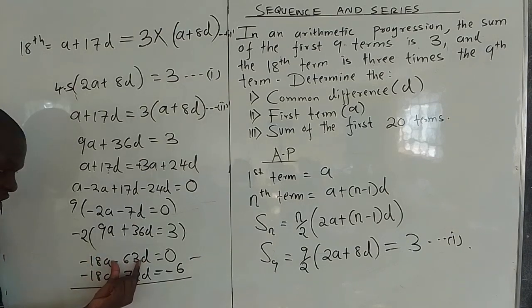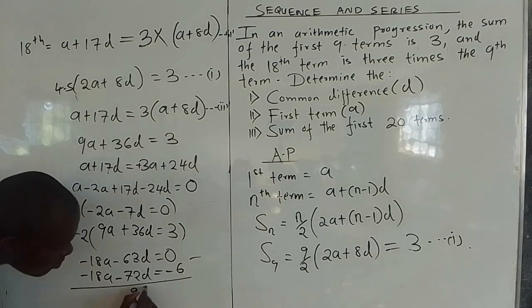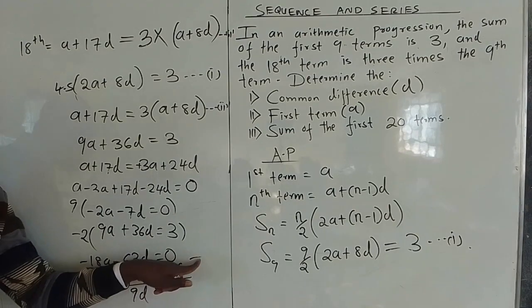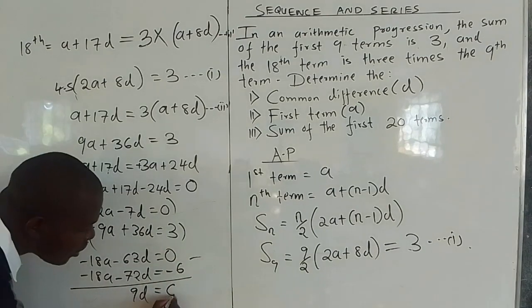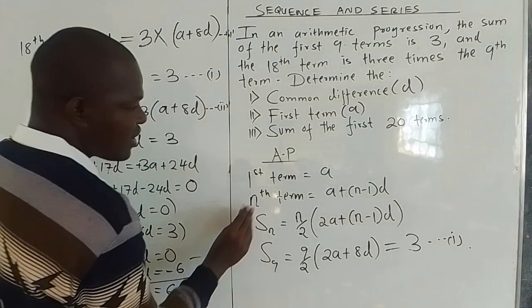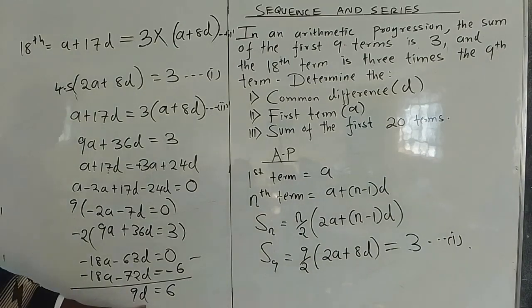What does the calculator give you? Positive 9. Yes. So you have your 9d, is equal to 0 minus negative 6. You get positive 6. So 9d is equal to 6. Are we together, ladies and gentlemen? So, what is d?